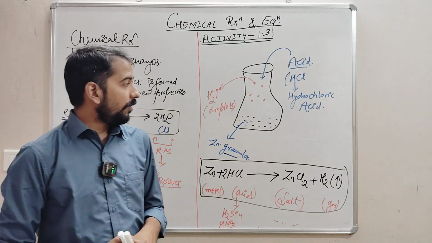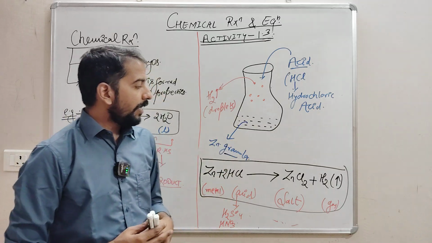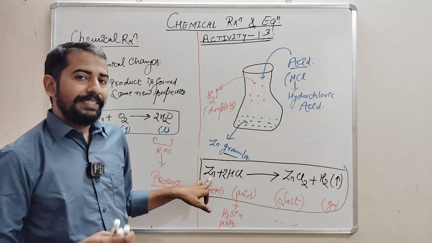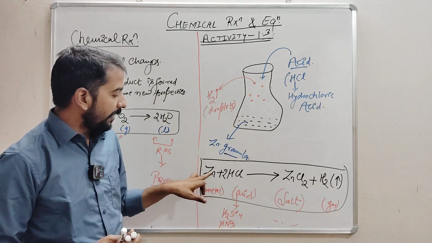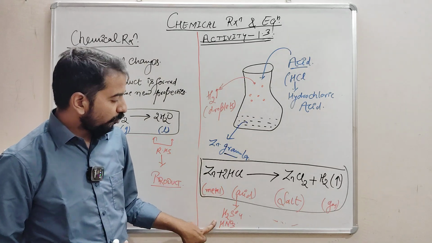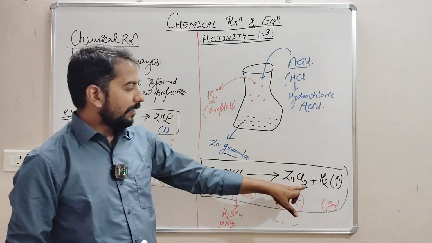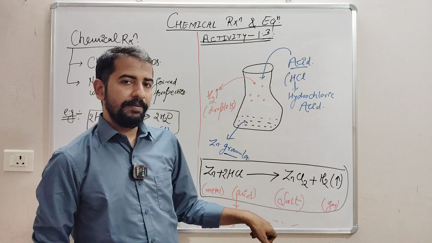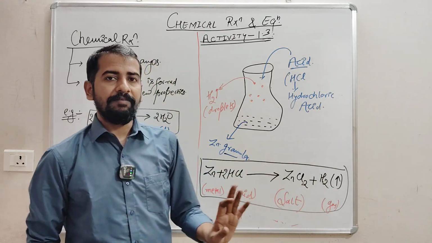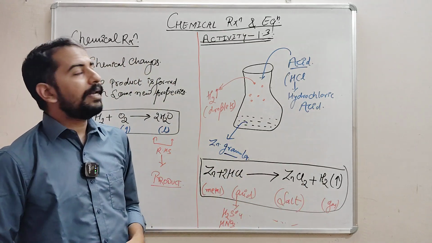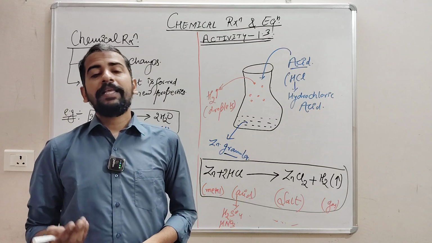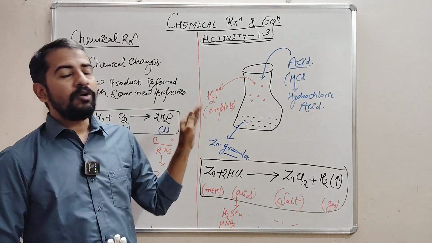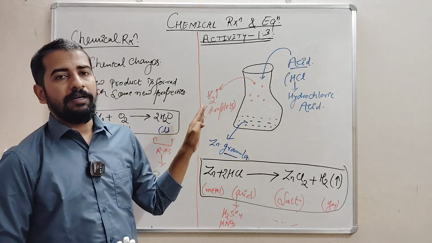ठीक ना, तो आप इसको नोट डाउन कर लीजिए और हमको क्लास में बताइएगा कि next class you just tell me if this zinc is reacting with H2SO4 and nitric acid, what are the new salts that will form. Okay, because the salt will be different, only the hydrogen gas will be the same. So from this you can say there are some chemical changes happening, so some chemical reaction is also observable.